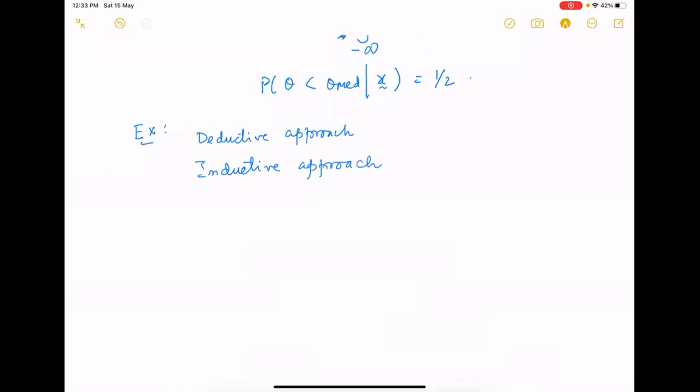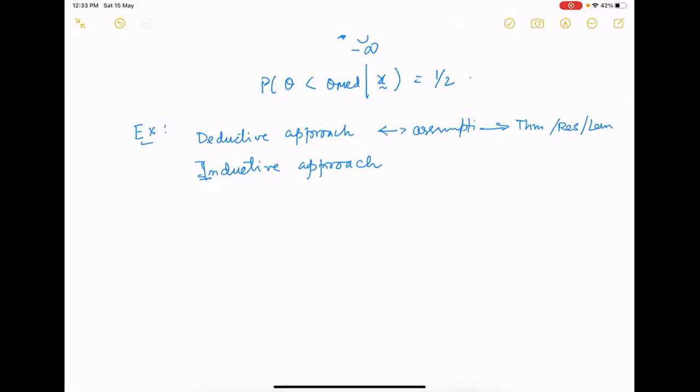From the names it is pretty much clear what I mean by deductive and inductive. The deductive approach is where you have certain rules and assumptions, and from the assumptions follow the theorems, results and lemmas. All these things automatically, the entire theory gets deduced.